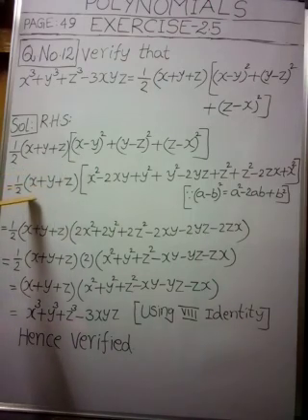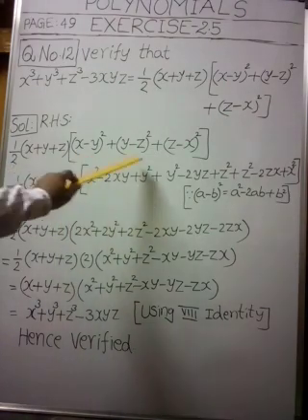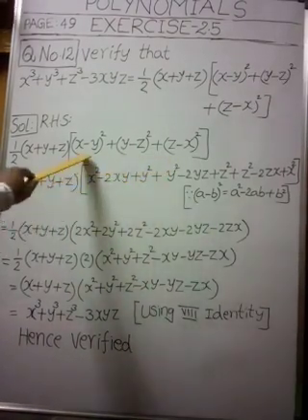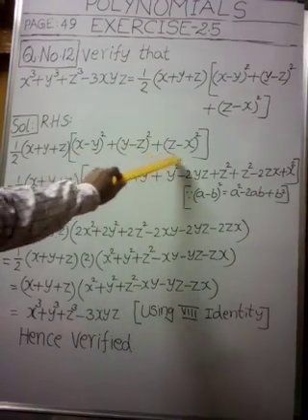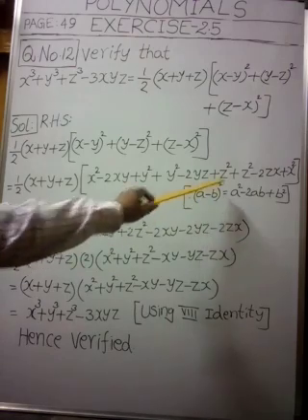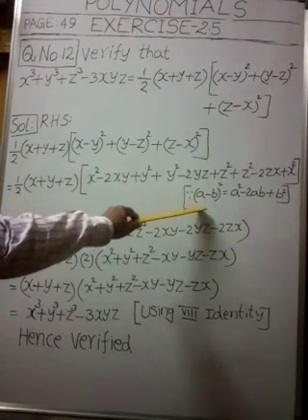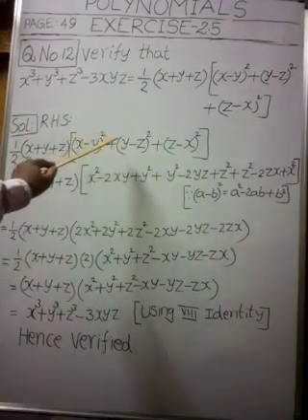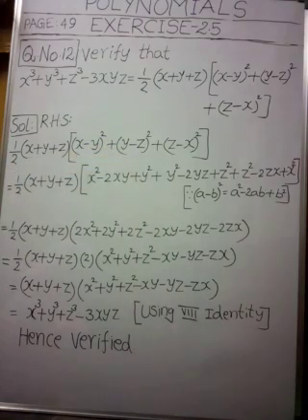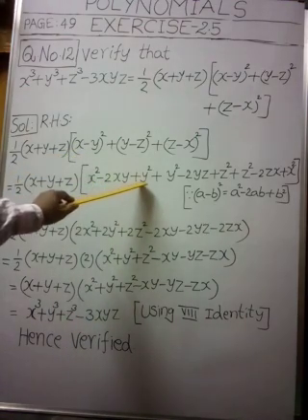1 by 2 of x plus y plus z into, if you observe in these brackets, there are 3 terms. This is the first term, this is the second term, and this is the third term. All these 3 terms are in the form of a minus b whole square. Isn't it, my dear children? Yes. So we use this algebraic identity to expand each and every term of these brackets. So x square minus 2xy plus y square.